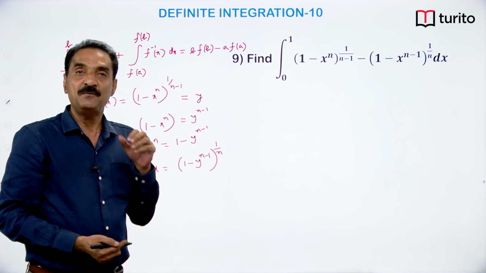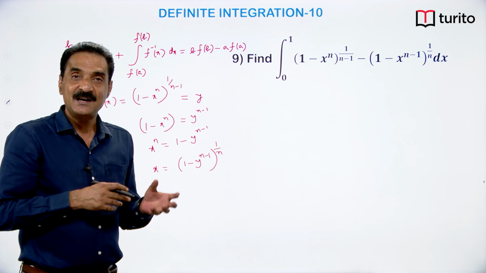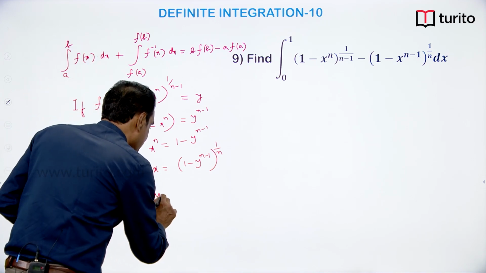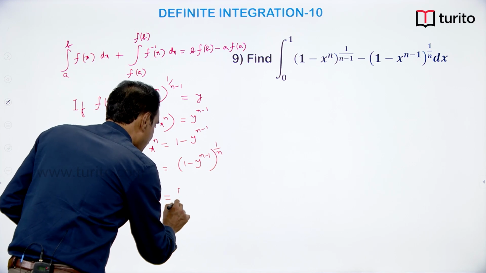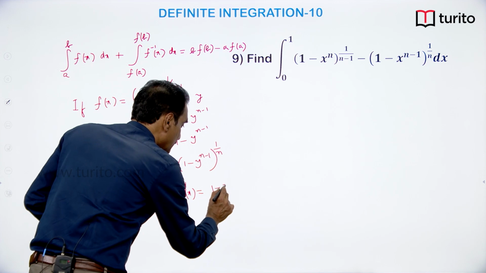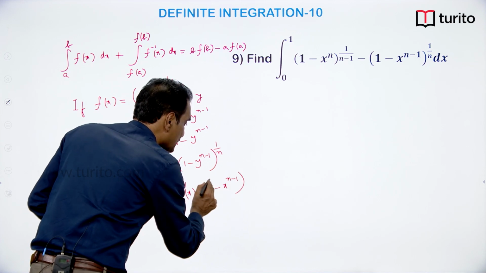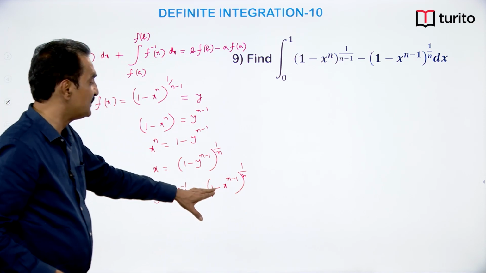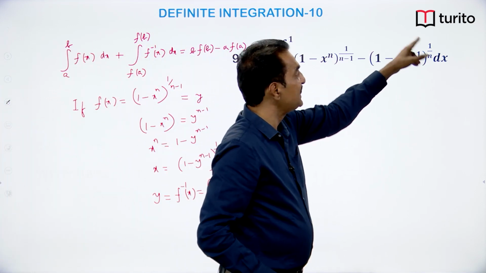Now, if I want inverse function, I have to interchange x and y. So, interchanging x and y, you will get f inverse x will be equal to 1 minus x power n minus 1 power 1 by n. This is inverse function, it is the second part.